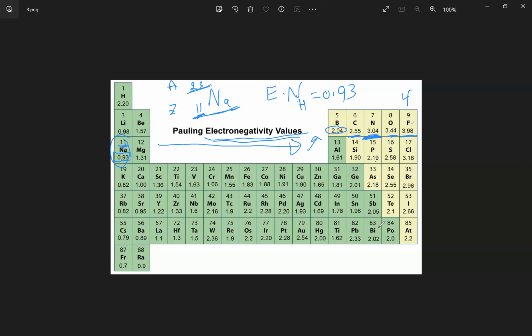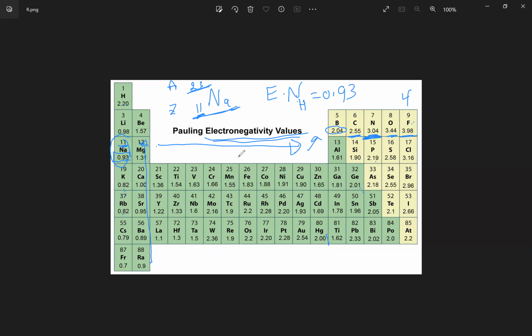And as we go from down to up, what happens in the periodic table to the electronegativity? Here is 0.7, 0.9. Sometimes it's the same, 0.90. What is happening here to the electronegativity? So it also increases. From down to up, and from left to right, the electronegativity increases.